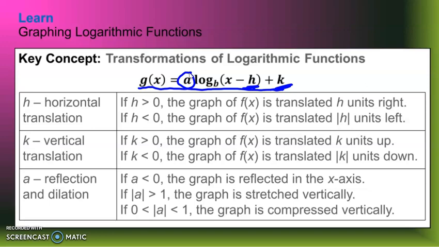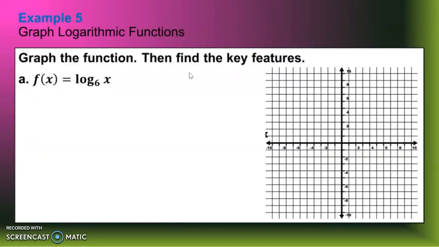Okay, so let's take a look at an example. We want to graph the function and then find the key features. Now, you could put this on your graphing calculator if you can change the base. In a later lesson, we will look at graphing with change of base. But for this one, if you don't have a graphing calculator, keep this simple.